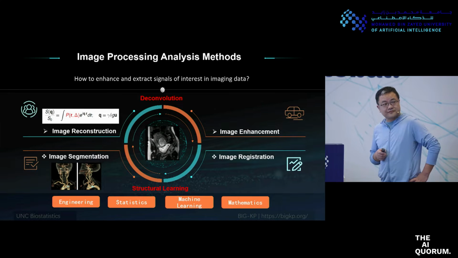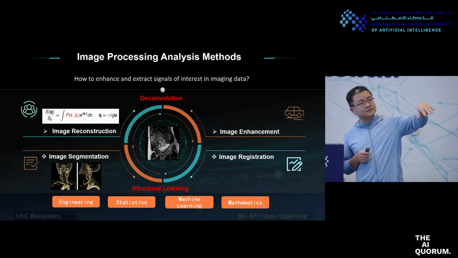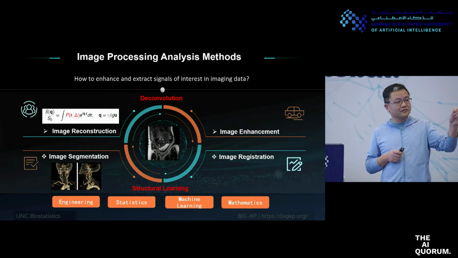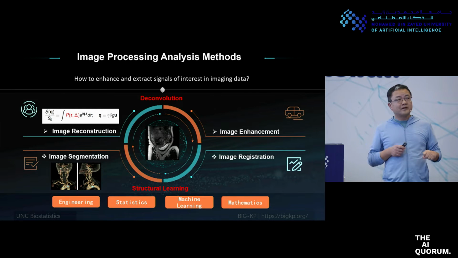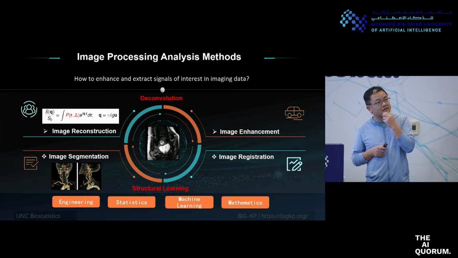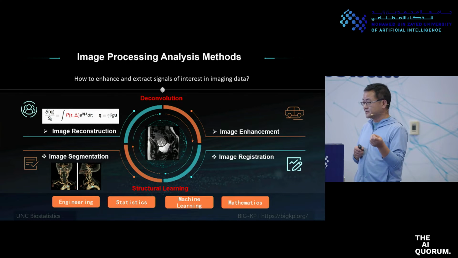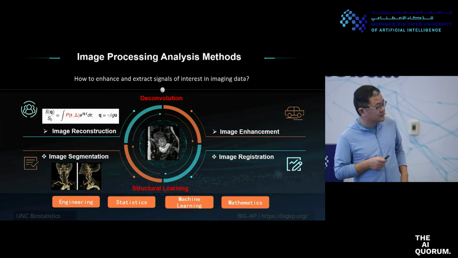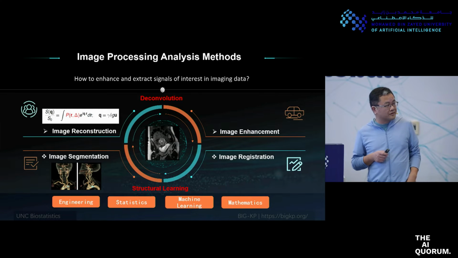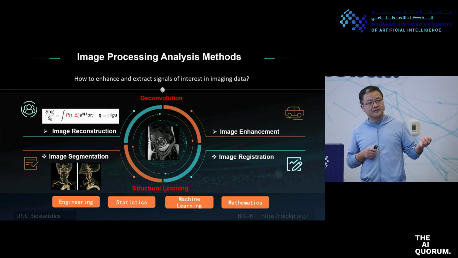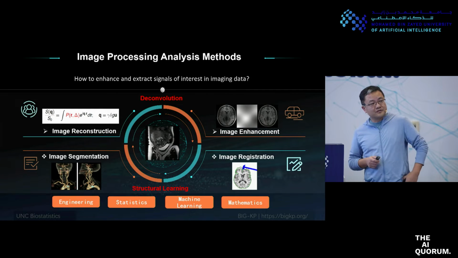In general, this field consists of 2 major parts: deconvolution and structured learning. Deconvolution can be further divided into imaging reconstruction and imaging enhancement. For structured learning, we use both imaging segmentation methods and imaging registration methods.